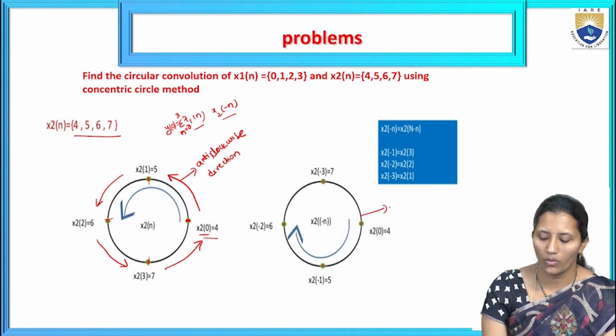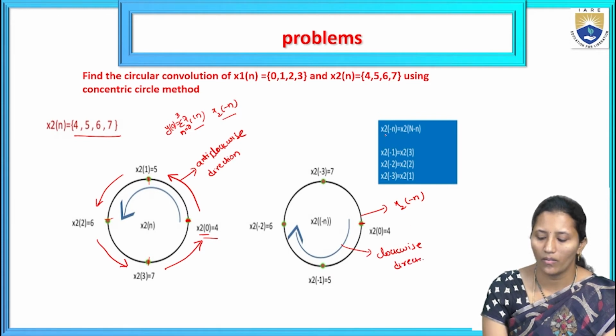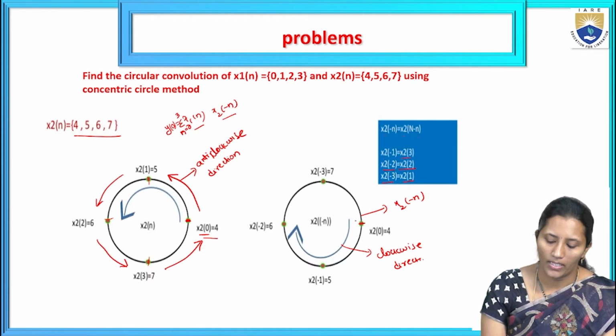To get x2 of minus n, we have to plot the sample values in the clockwise direction, because x2 of minus n is equal to x2 of N minus n. So x2 of minus 3 we can write as x2 of 1, and x2 of minus 2 we can write as x2 of 2. So here it is starting from x2 of 0 and going in the clockwise direction.